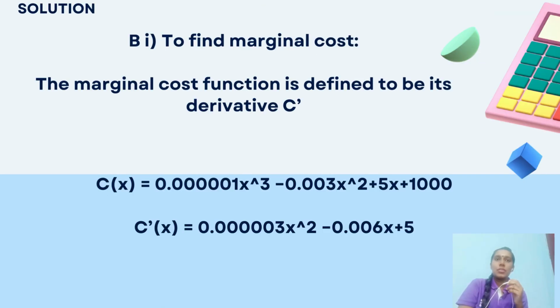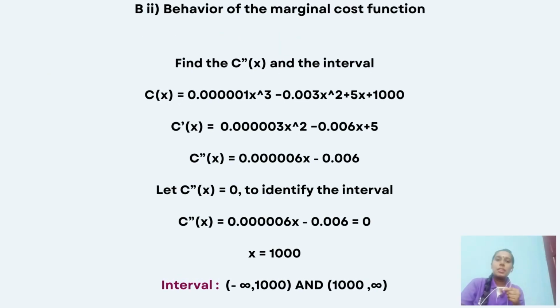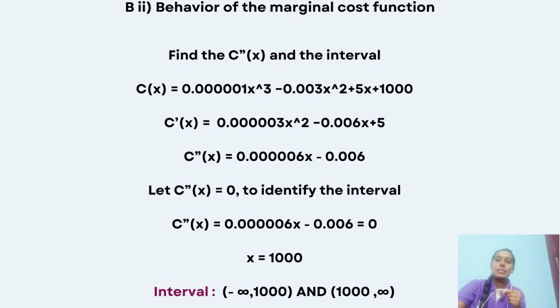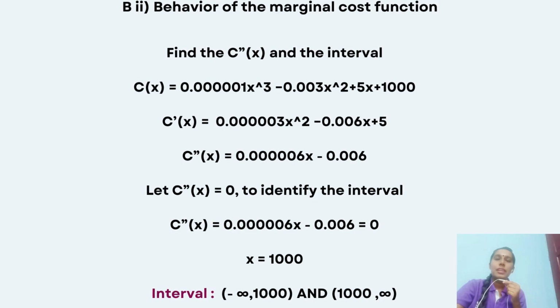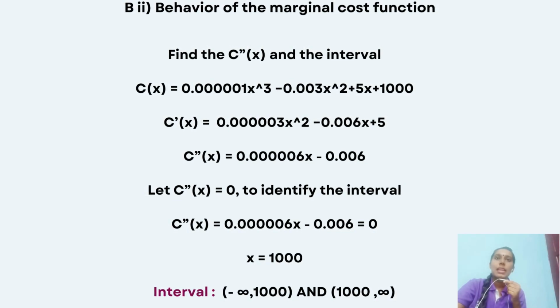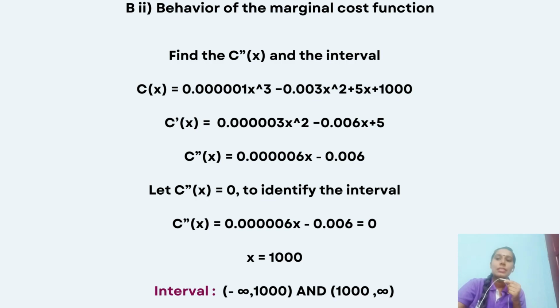Now, the marginal cost function is defined to be the derivative C'. Next, we prove the marginal cost function. The first step is to find C'(x) and the interval. Then we do the first derivative and second derivative.